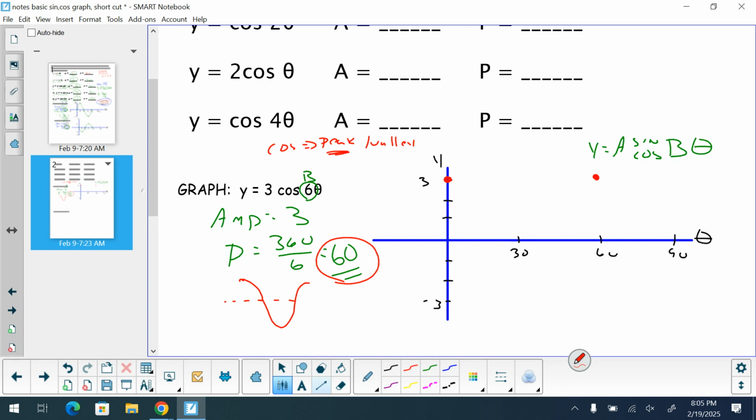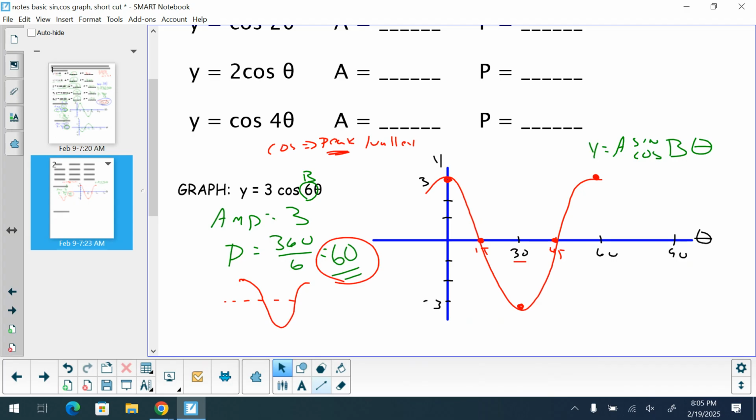So at the value of 30, our halfway point will be at our valley, which is at -3. These games of halves, 15 and 45, will be on our theta axis. So here would be our cosine curve.